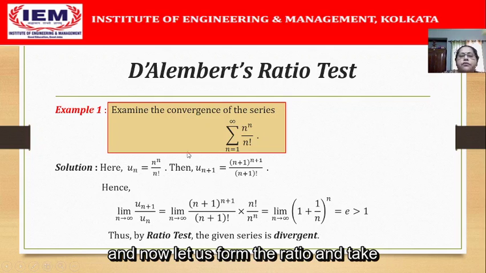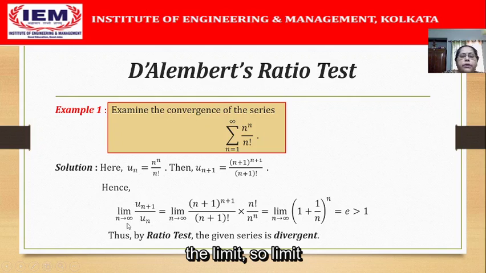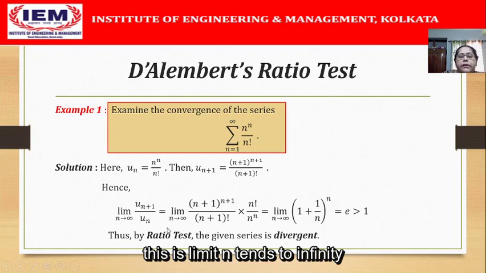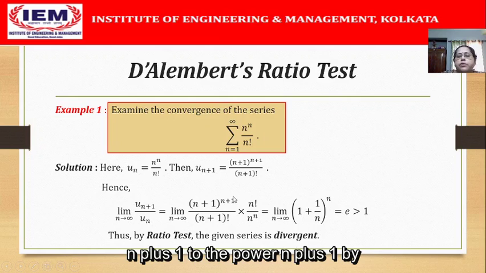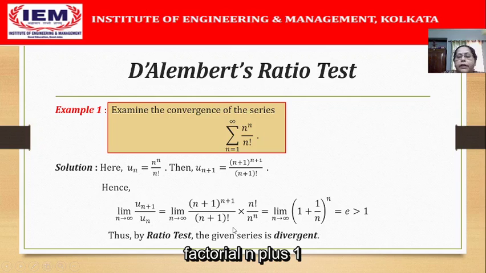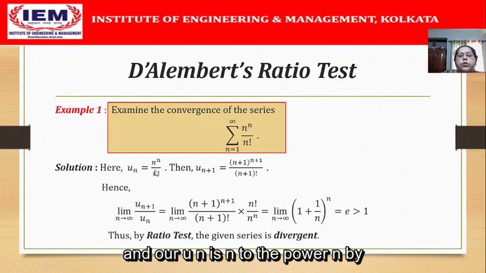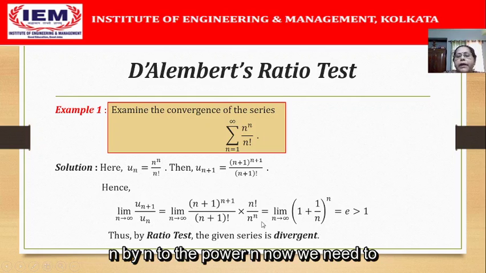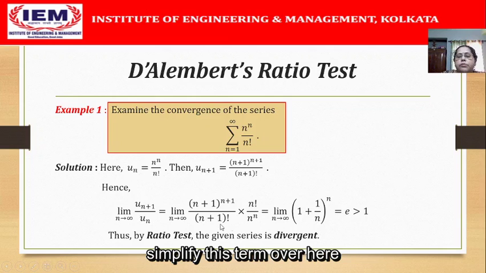And now let us form the ratio and take the limit. So limit n tends to infinity, un plus 1 by un. This is limit n tends to infinity, n plus 1 to the power n plus 1 by factorial n plus 1, and our un is n to the power n by factorial n, so it gives us multiplied with factorial n by n to the power n. Now we need to simplify this term over here.